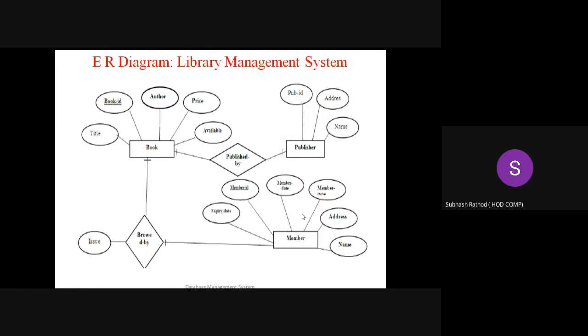If you think, perception comes. When thinking comes, then perception comes. If you feel that an attribute should be considered, you can add it here. In the member entity, member ID is underlined, which means it is a key attribute. So this is the ER diagram for the library management system.